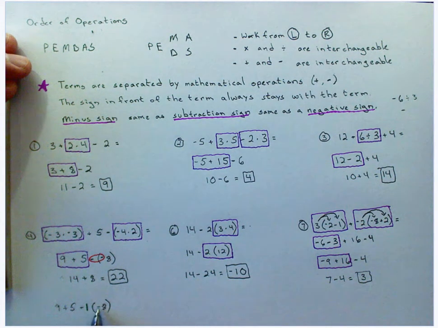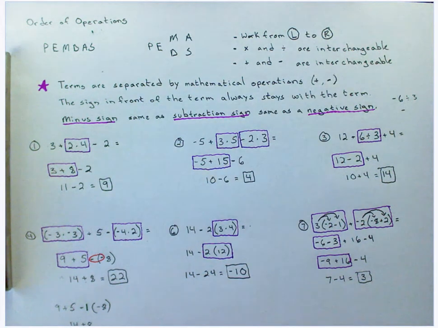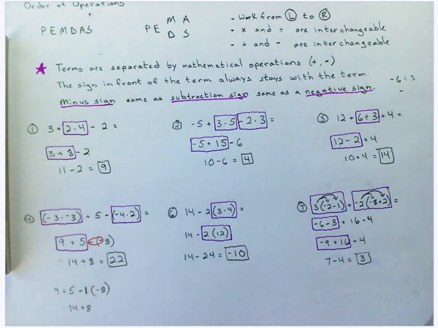A negative times a negative, positive. I end up with the same thing that I had here if I turn around and say, okay, that is 14 plus 8. Remember, touching the parentheses means multiplication, so a negative times a negative turns into a plus 8. I can put a 1 in front of any set of parentheses because it will not change that parentheses. 1 times anything is that thing.